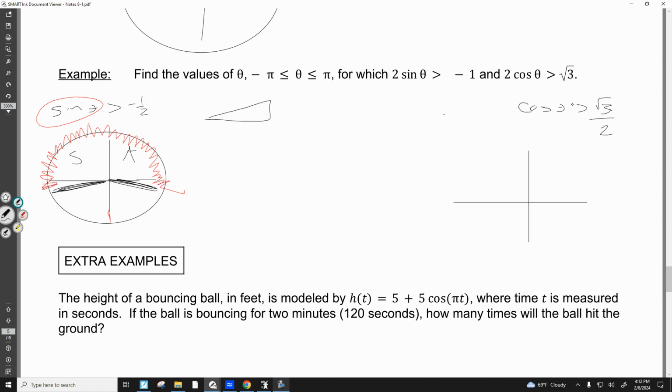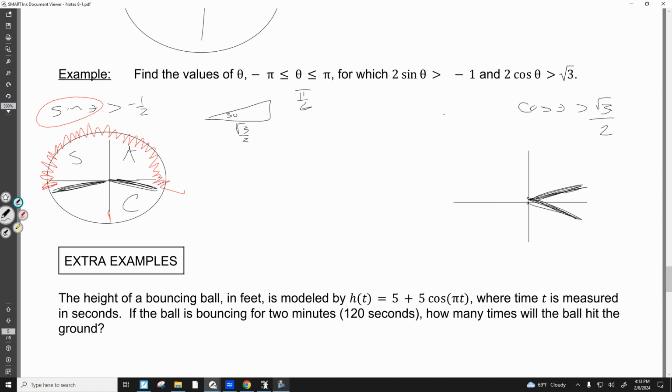Cosine bigger than root 3 over 2. Well, let's find when cosine equals root 3 over 2. Okay, we're still talking about this short 30, 60, 90 triangle that occurs at the pi over 6's. So I want the pi over 6 here, and where else is cosine positive? Cosine's positive in the fourth quadrant, so I want the pi over 6 here.